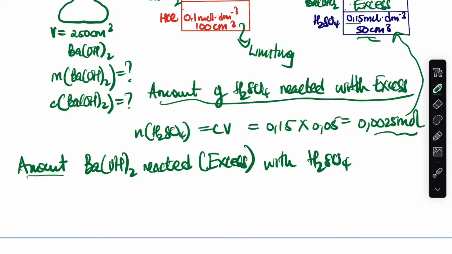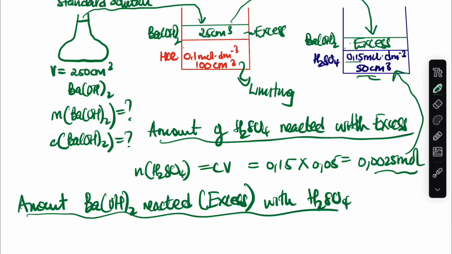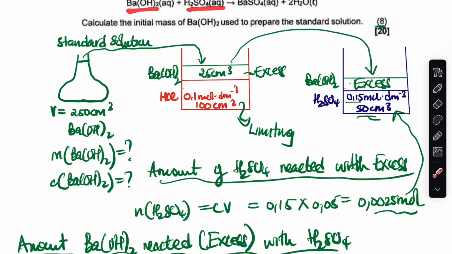So what I'm doing in this step is the mole ratio, now that I know the amount of the sulfuric acid that reacted with the barium hydroxide. It's going to help me get this excess. The ratio is 1:1.